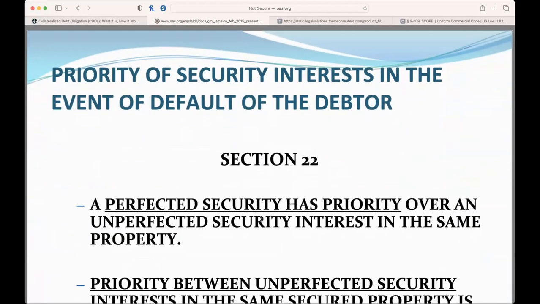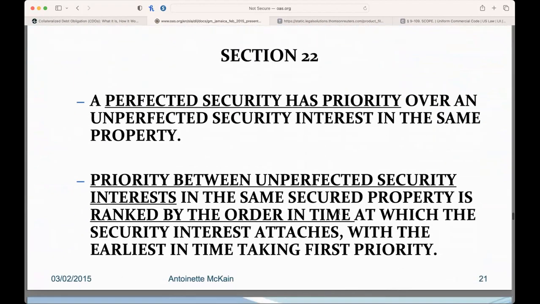Section 22, a perfected security has priority over an unperfected security interest in the same property. Priority between unperfected security interests in the same secured property is ranked by the order and time at which the security interest attaches, with the earliest in time taking first priority, which is considered a senior lien, or also an inventory. It's FIFO.